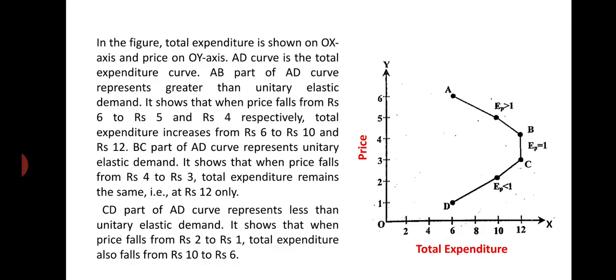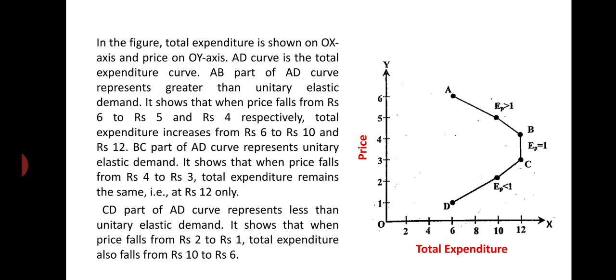It is represented in the diagram that the AB part indicates EP is greater than 1, BC EP is equal to 1, CD EP is less than 1.